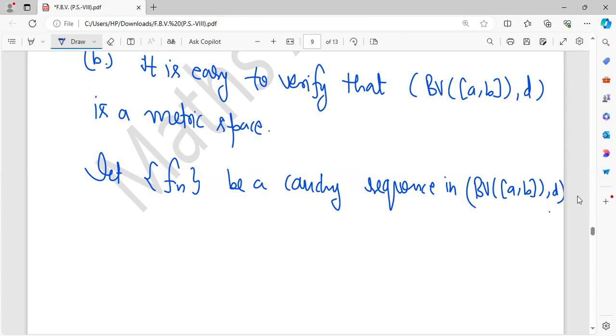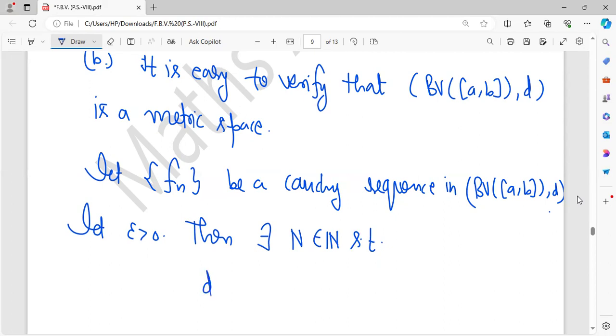Let epsilon be greater than 0, then there exists capital M belonging to N such that d(f_n, f_m) is less than epsilon by 2 for all n greater than or equal to capital M.